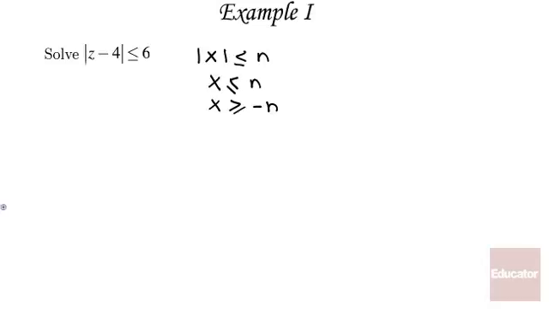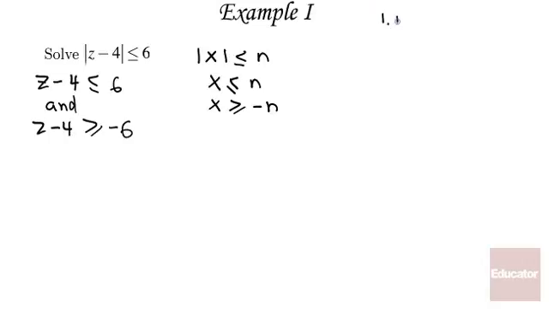Applying that to my example, z minus 4 is less than or equal to 6, and z minus 4 is greater than or equal to negative 6. The next step is to solve these out.